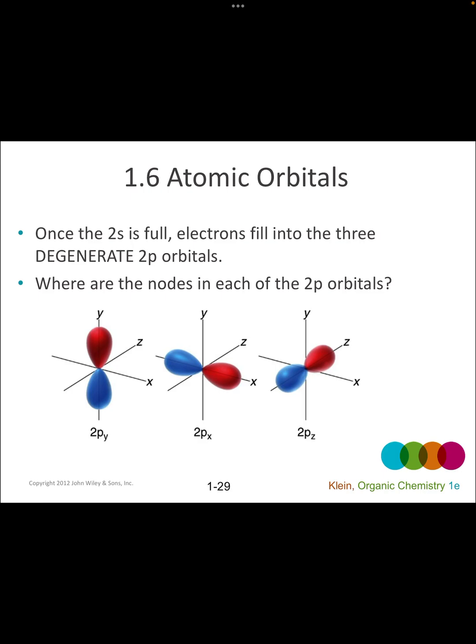Remember, a node is where electrons cannot reside. That's when the quantum mechanics equation is solved for an electron, it describes a probability of 0 existence at the center. That's the node. And then we're just using blue and red as two different colors to show the phases.